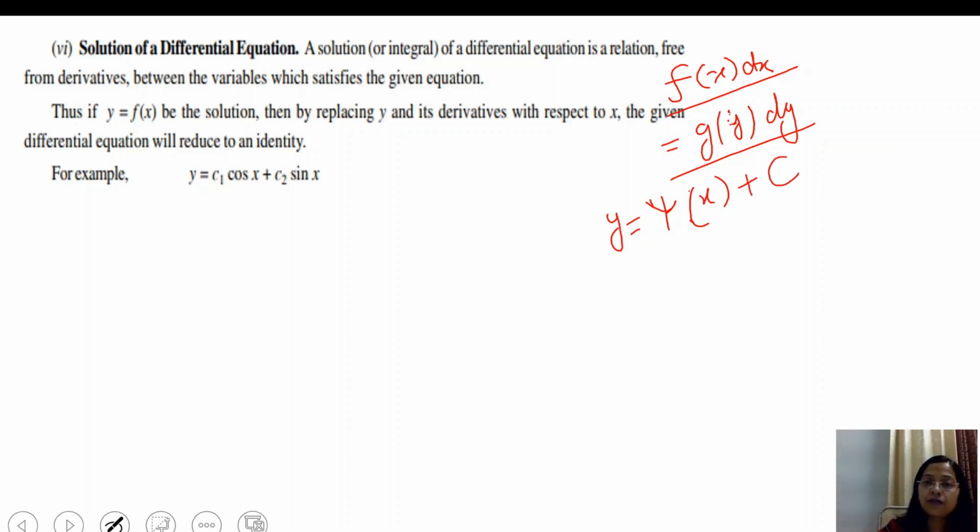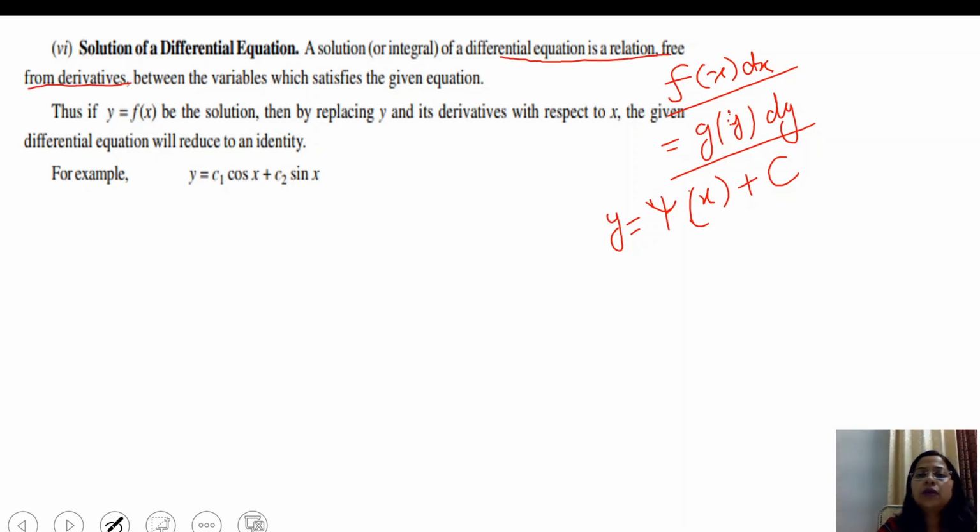But if we have no such relation, then it is necessary to understand how we are going to get the solution. Means if y is the dependent variable, then we should have the solution of the differential equation as y in terms of x, right? Now a solution of a differential equation is a relation free from the derivatives.